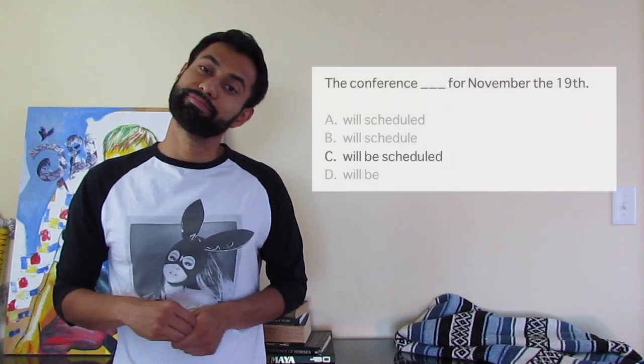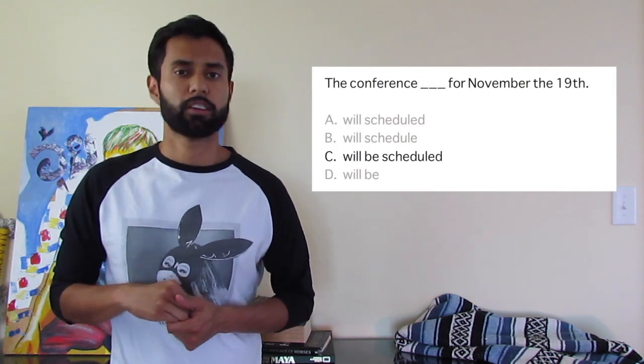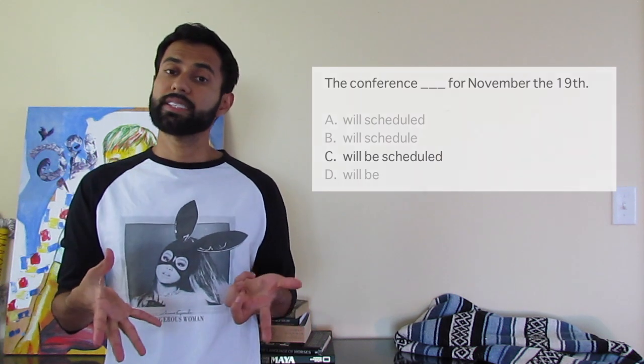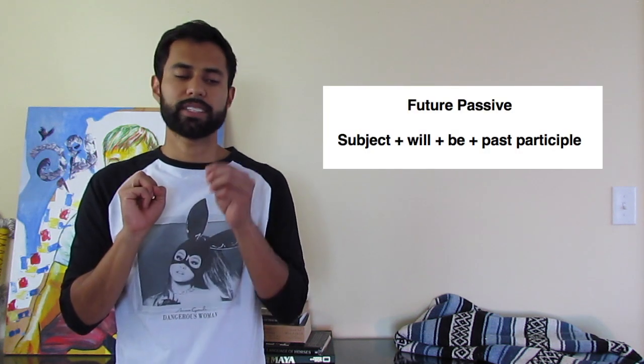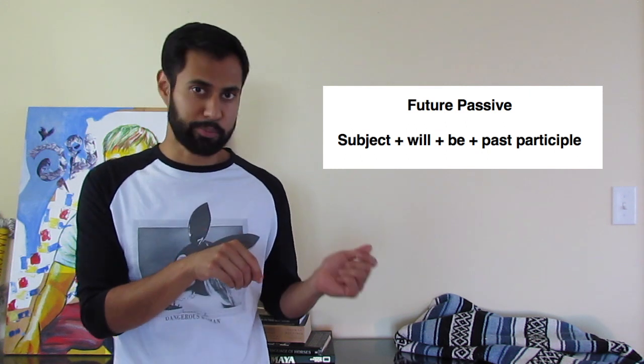Number 2. The conference will be scheduled for November the 19th. C. This one is future passive. For future passive sentences, we only add one thing to the formula. Subject plus will plus be plus the past participle.